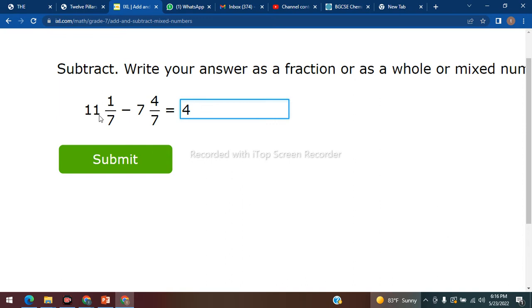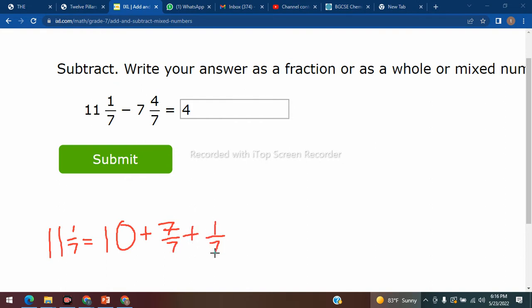We could write 11 and 1/7 as 10 plus 7 over 7 plus 1 over 7, right? Y'all agree? We could do that.